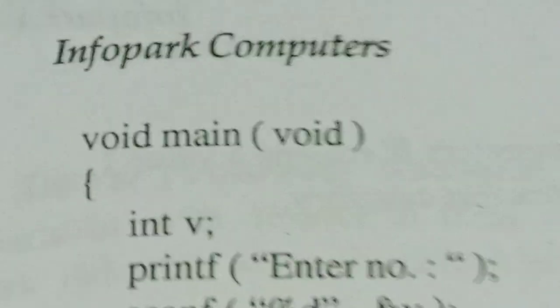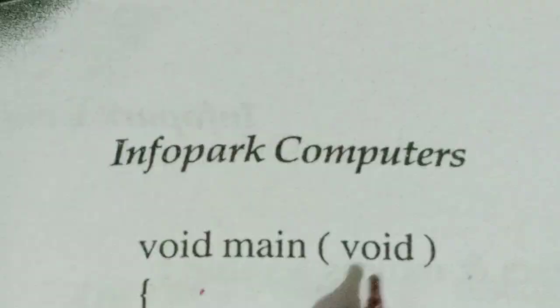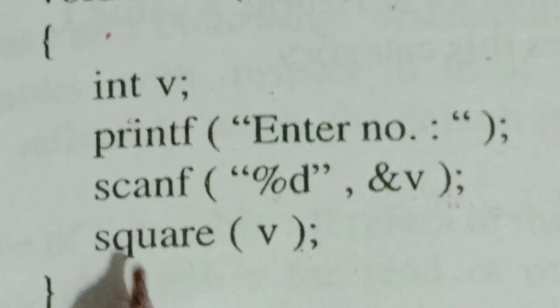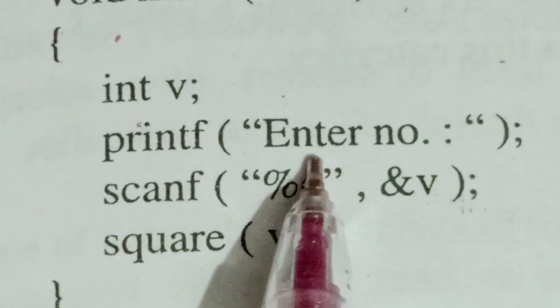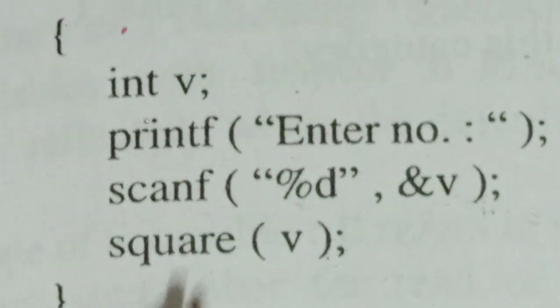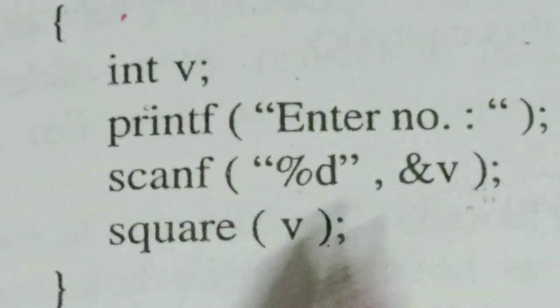Later on, inside void main, no need to write void over here. int v, we are taking one variable. So we are getting input from the user. We are printing the message enter number %d, ampersand v.